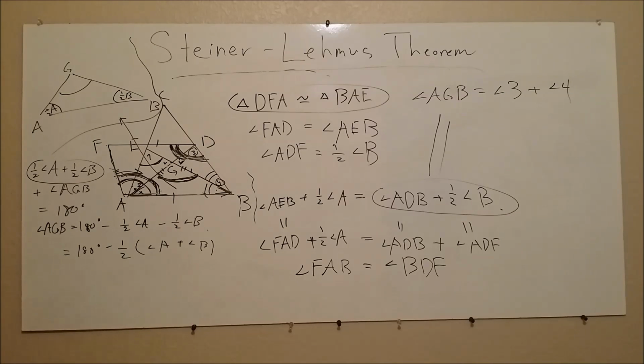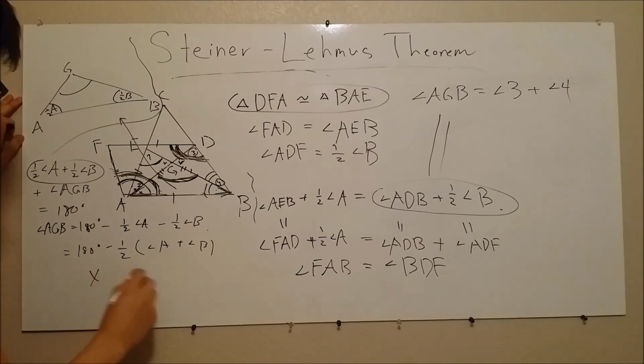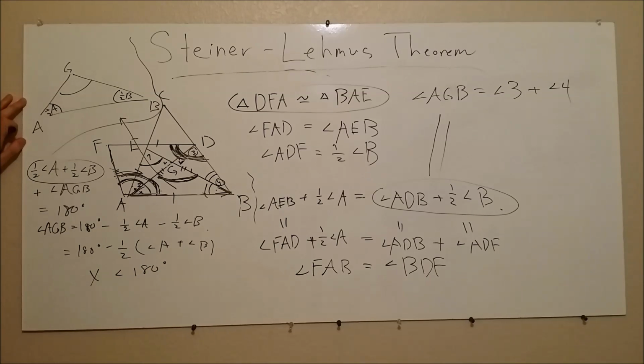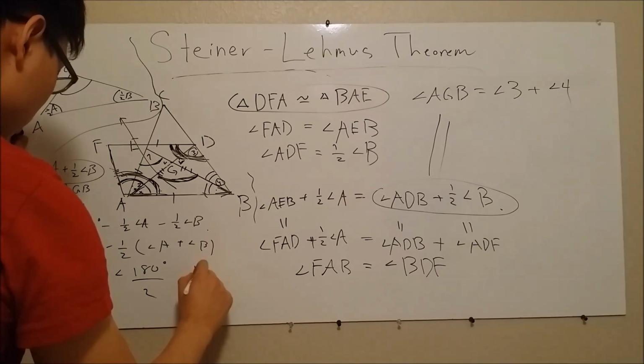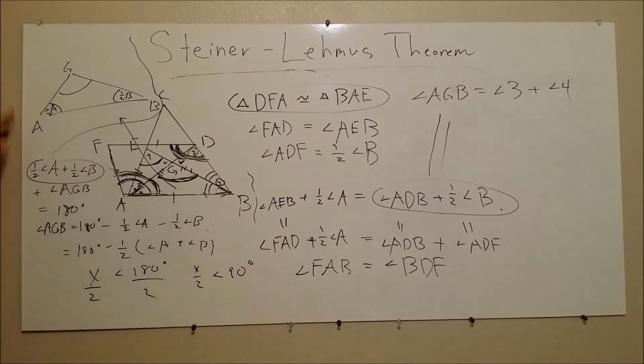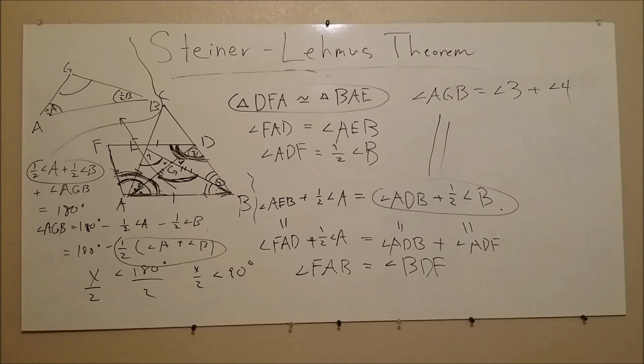So let's say some x is less than 180 degrees. That means that angle divided by 2 must be less than 90 degrees. So that shows us that this thing right here is acute.